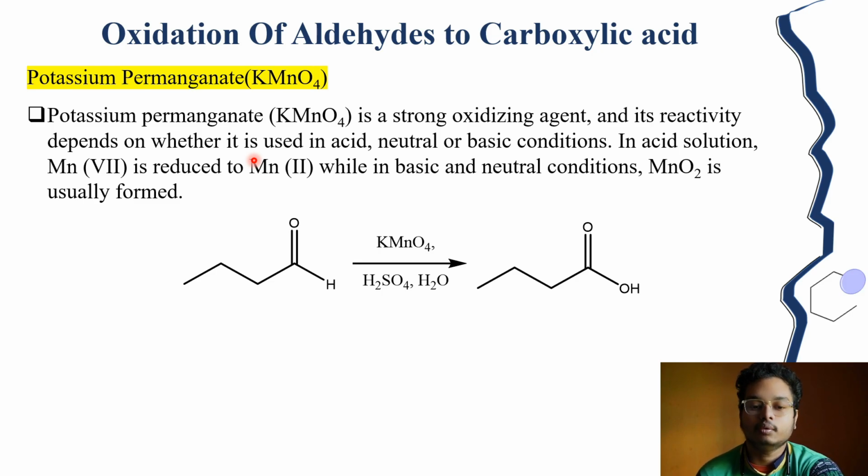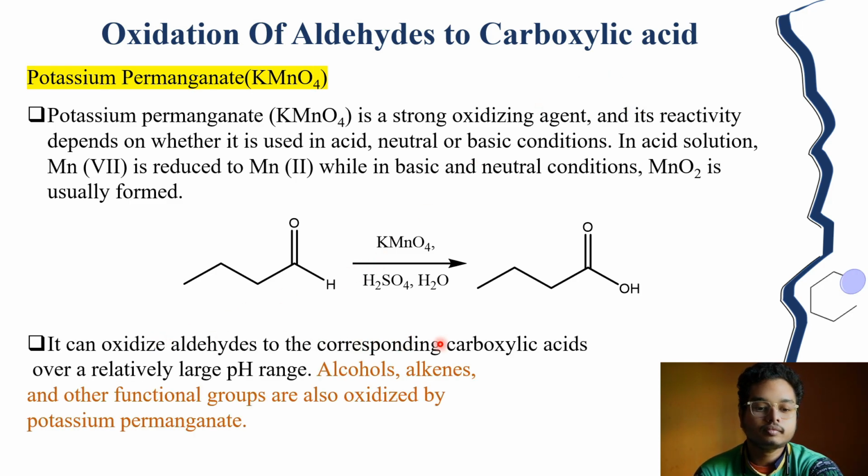It has been found that in acid conditions it shows vigorous oxidation, transforming aldehyde to the corresponding acid, and the Mn7 is reduced to Mn2 under these conditions. In basic and neutral conditions, MnO2 is usually formed, and we know that MnO2 is used for oxidation of allylic, benzylic and propargylic alcohols, which I already discussed in previous classes.